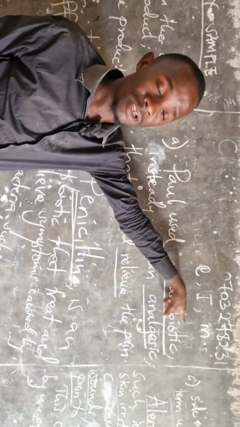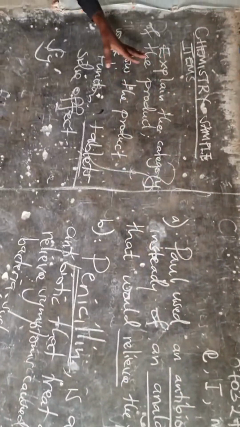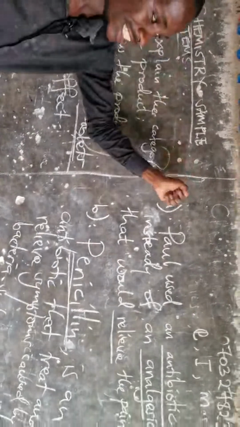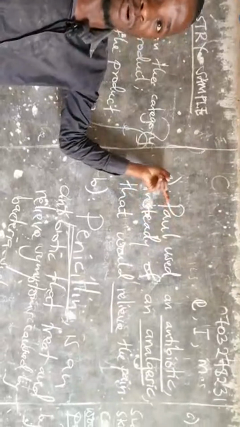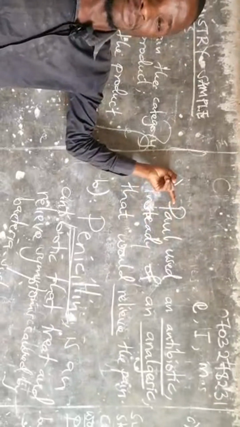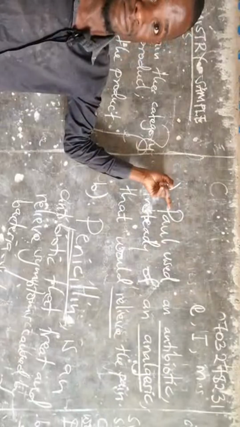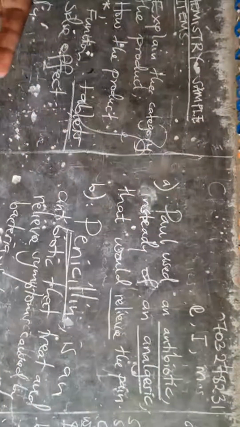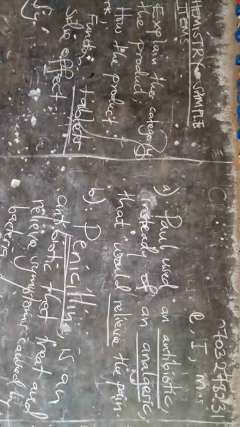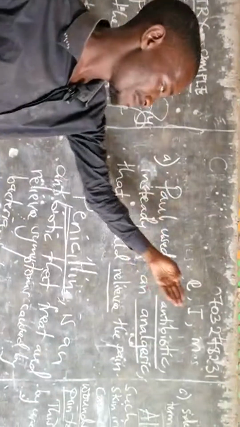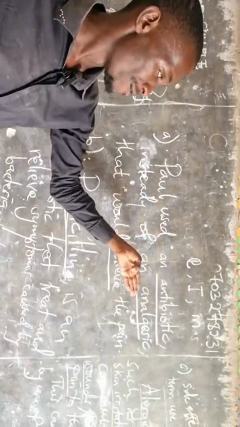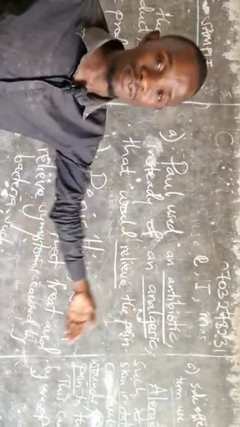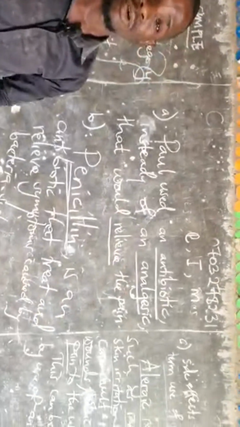Hope I'm clear. The question did not ask us to categorize the product. It only asked us to point out the problem Paul made. Yes. We were told to point out the problem Paul made when choosing the product. Paul chose an antibiotic instead of an analgesic that would relieve the pain. I hope I've answered you.